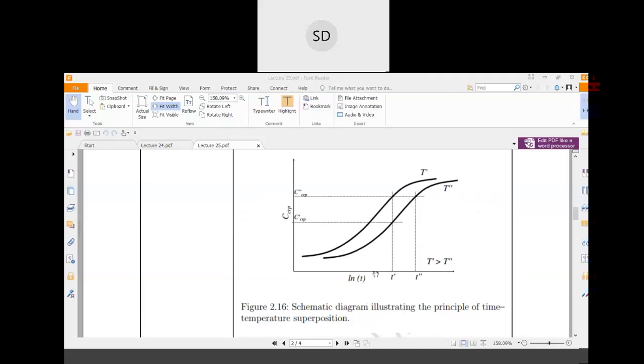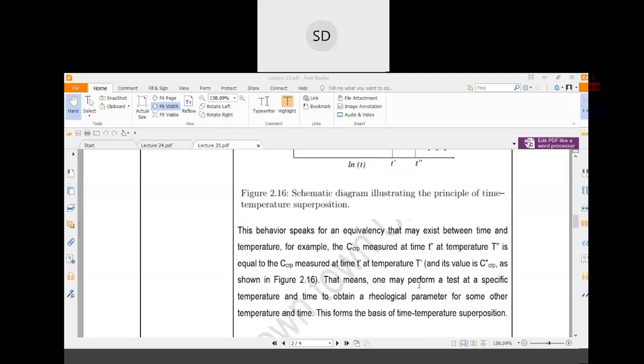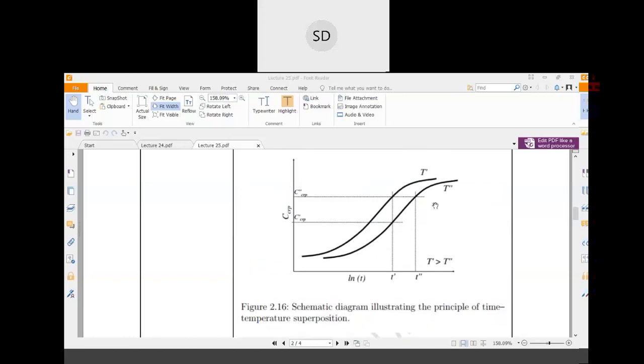So basically, these are the two times, measured at temperature T dash. These are the graphs for your temperature, and this is the time.